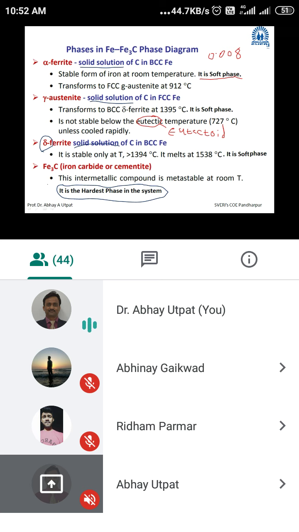So I repeat: alpha ferrite, BCC structure; austenite, FCC structure; delta ferrite, BCC structure. What is crystal structure of cementite? Its crystal structure is orthorhombic. Remember 14 lattices. One more word is there, orthorhombic.